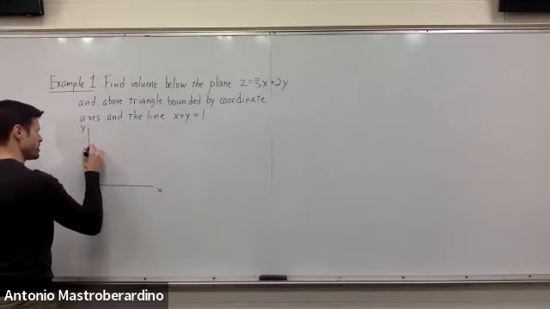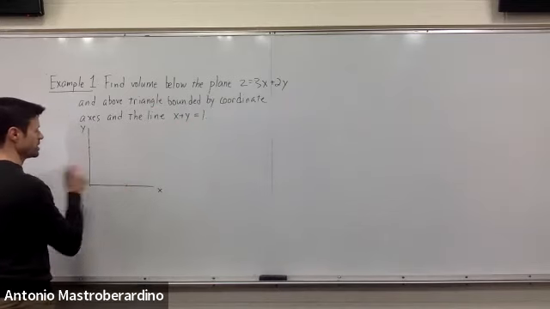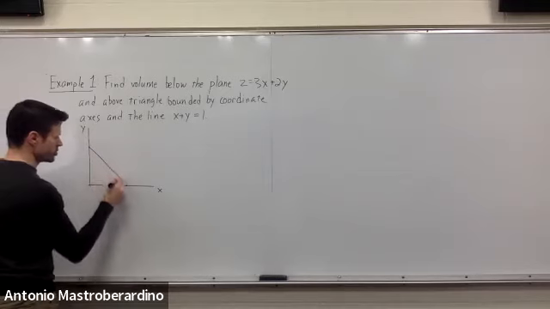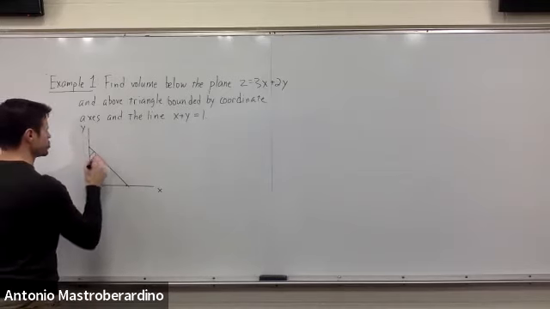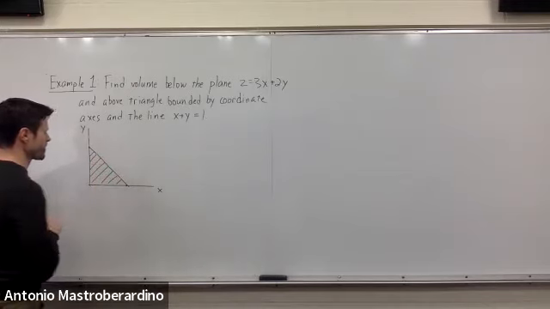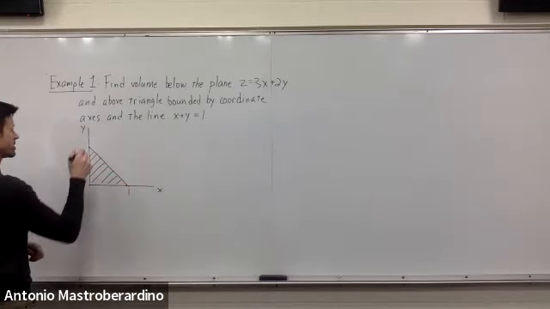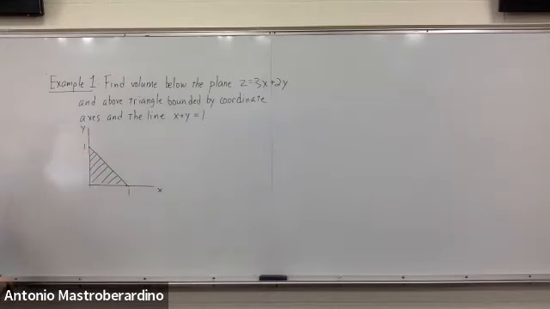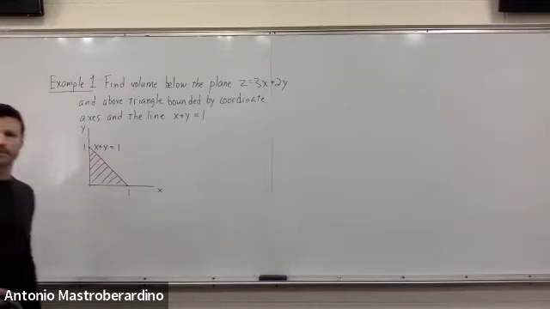Well, there are 2 points on that line, here and here, points (1, 0) and (0, 1). And I can just connect those 2 points with this line here. And so you can see that this triangle in the xy plane is just this triangle here. Okay. And so I can label my x-axis, my y-axis. Okay. And then I can label this for now as the line x plus y equals 1. Right? All right.